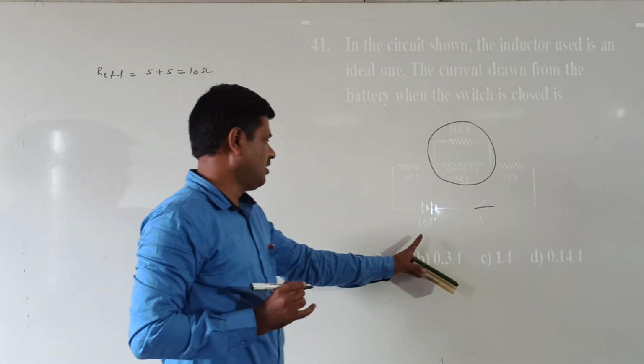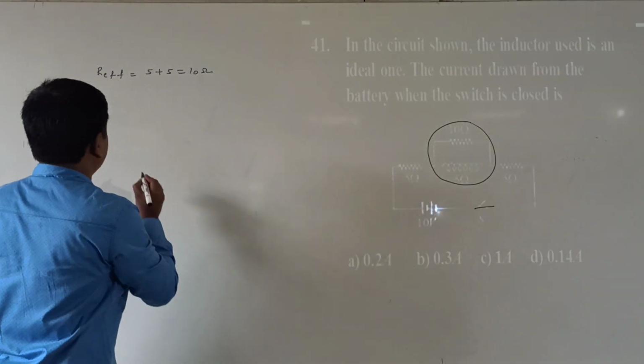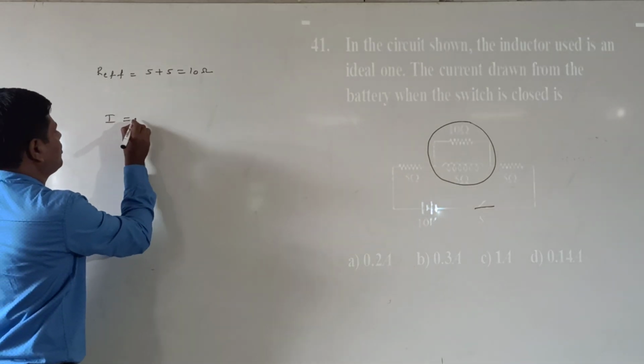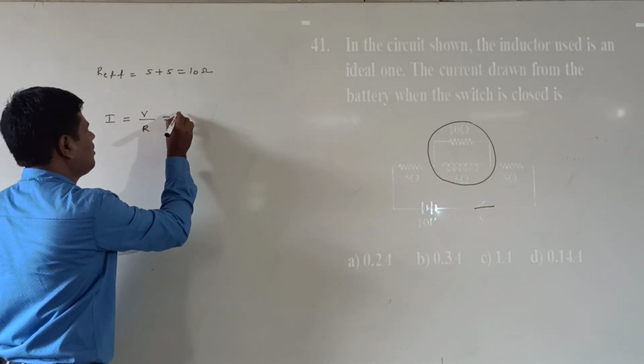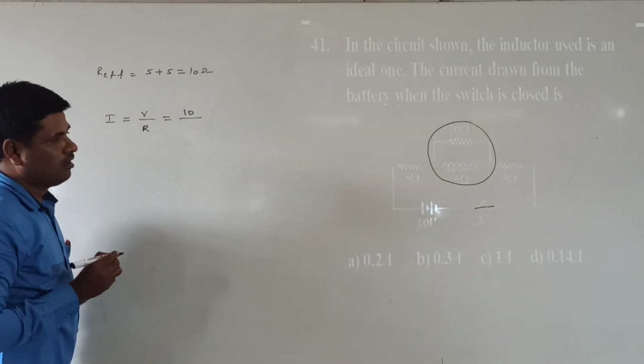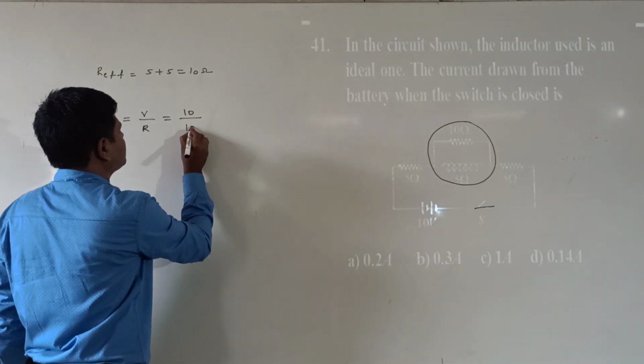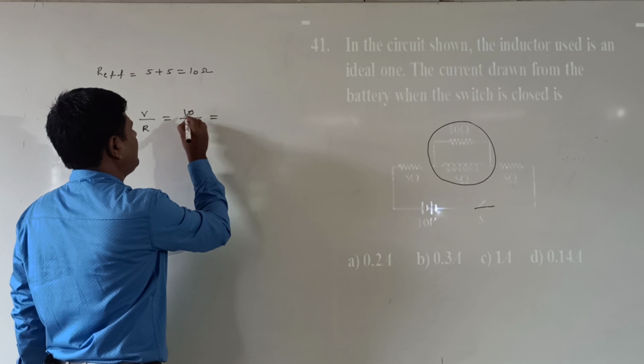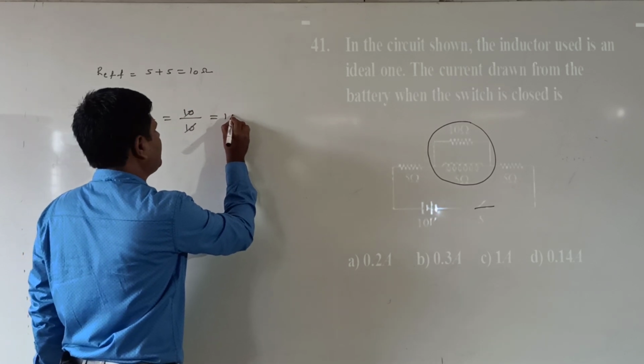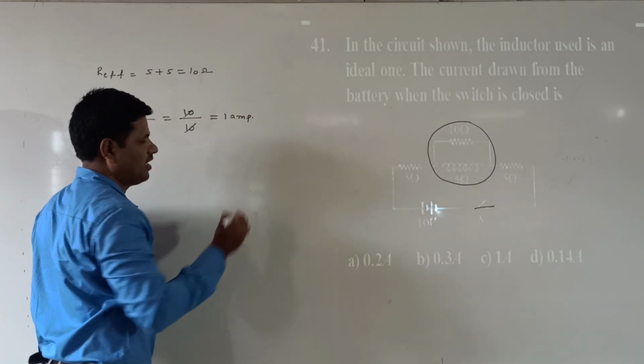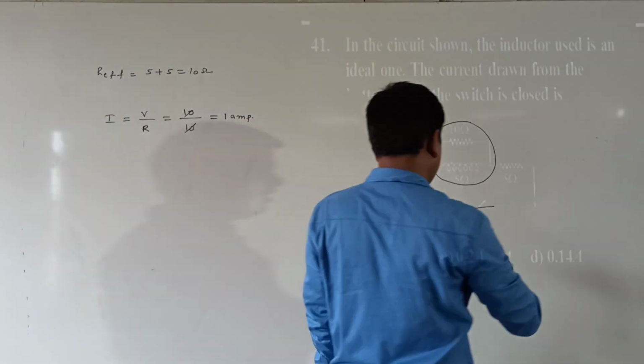Current is equal to V by R, where voltage is 10 and effective resistance is 10. 10 cancels, and we get current is equal to 1 ampere. That is the answer.